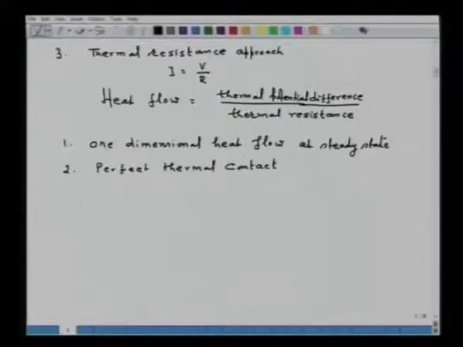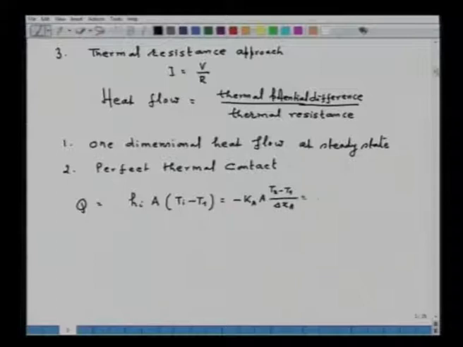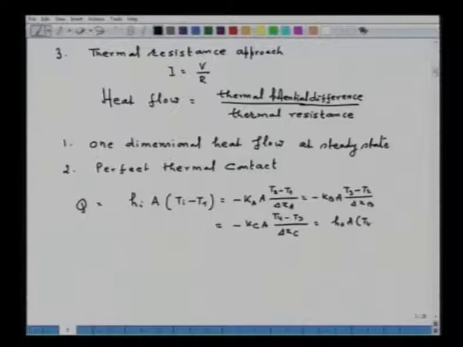So straight away we can write down heat flow, that will be equal to Hi into A Ti minus T1, that should be equal to minus Ka into A T2 minus T1 upon delta Xa, that should be equal to minus Kb into A T3 minus T2 upon delta Xb, that should also be equal to minus Kc into A T4 minus T3 upon delta Xc, and that must be equal to H0 A T4 minus T0.